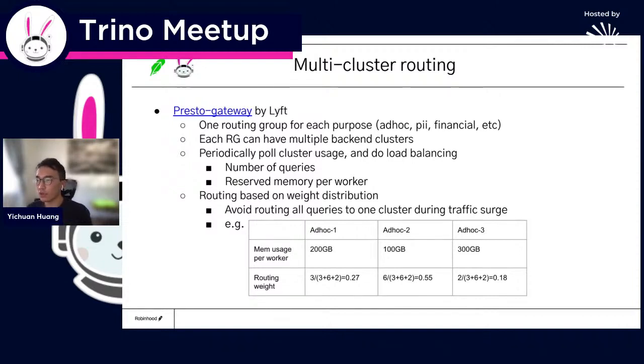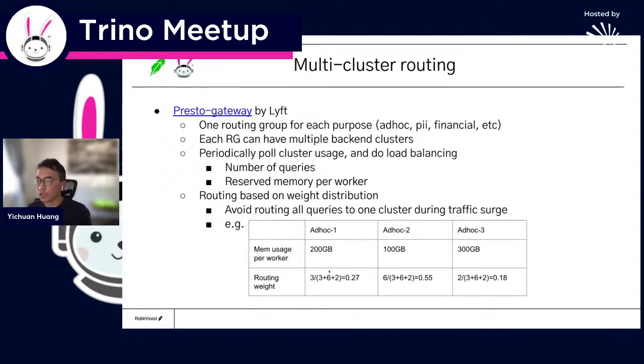To give you an example of how we do that, let's say we have 3 ad hoc Trino clusters. The average memory usage per worker is 200, 100, and 300. And then we calculate the corresponding routing weight based on how much memory each is using now. The higher the memory it currently uses, the lower the weight it will get for routing the next query.